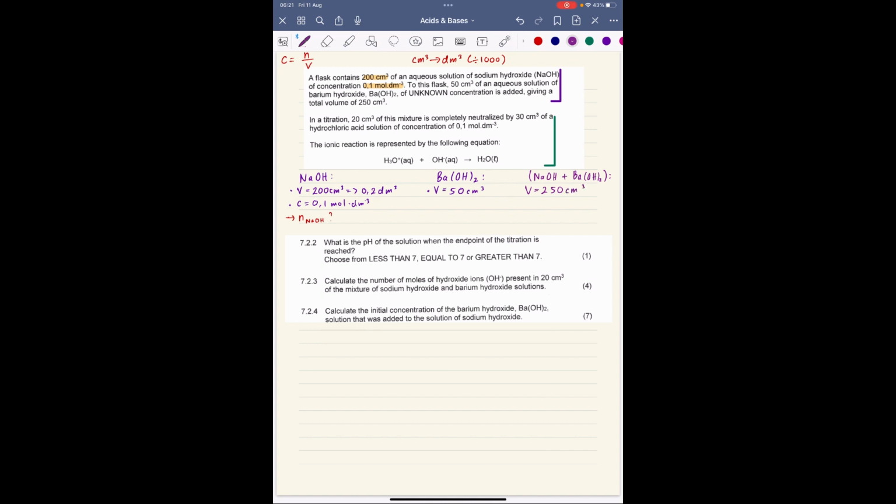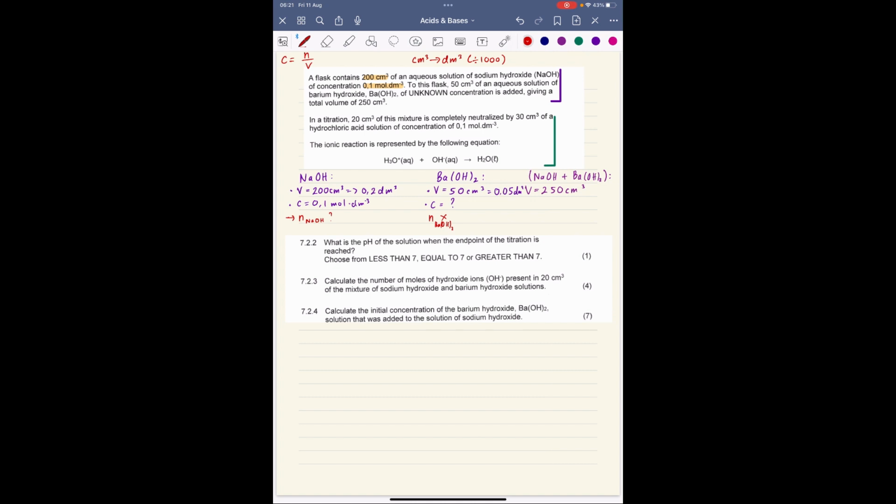So it will be 250. Again, this is something that we can convert. When we do convert it, we're going to get 0.05 decimeter cube. Divide by 1,000. I don't know the concentration, so I obviously cannot find the moles of barium hydroxide. I can't find it because I don't know 2 out of 3 of what's required.